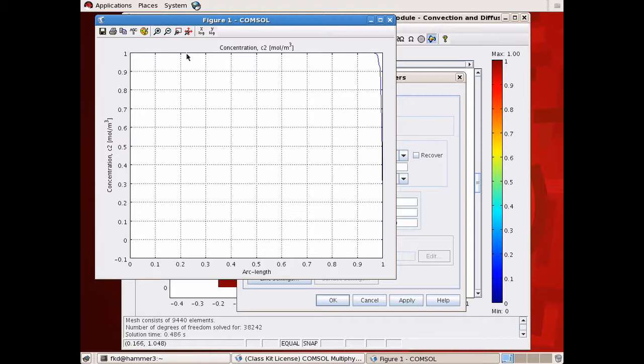And so the solution for that, just physically, should be something that would basically be almost a Heaviside function, infinite gradient here at this point. So it's trying to represent that.